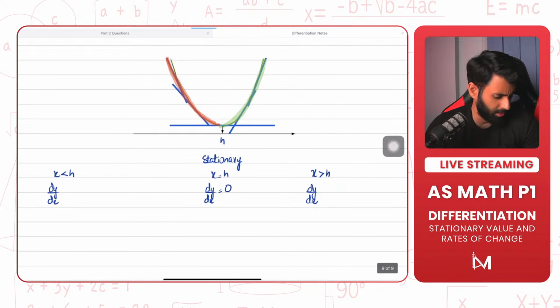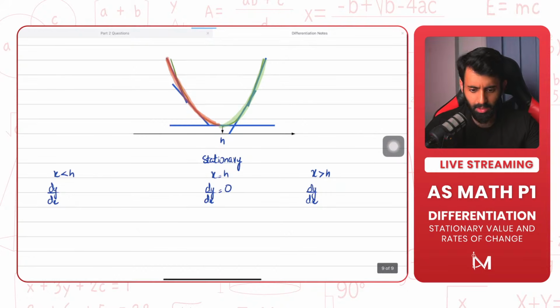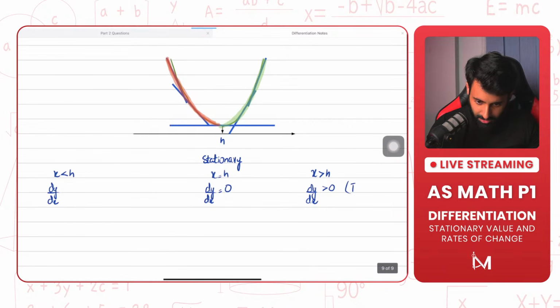When x is greater than h, dy by dx is greater than 0. That means it's an increasing function. And when x is less than h, dy by dx is less than 0. That means it is a decreasing function.